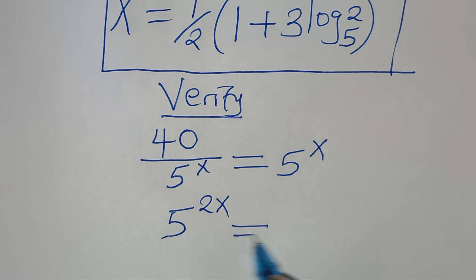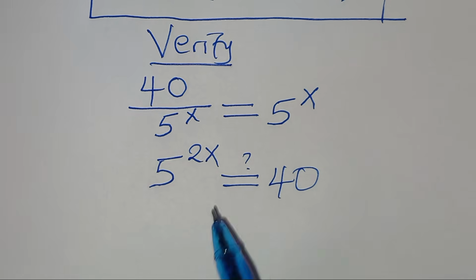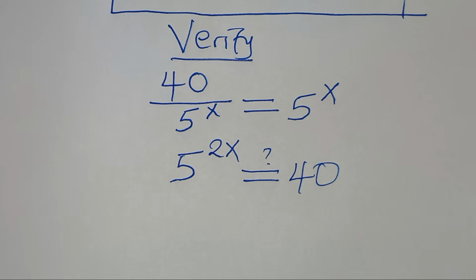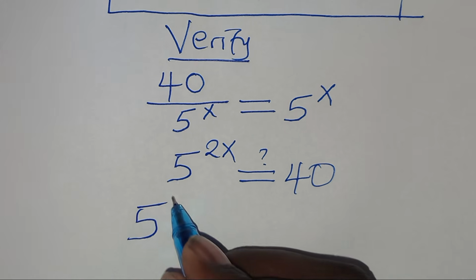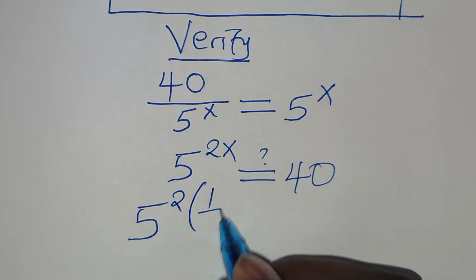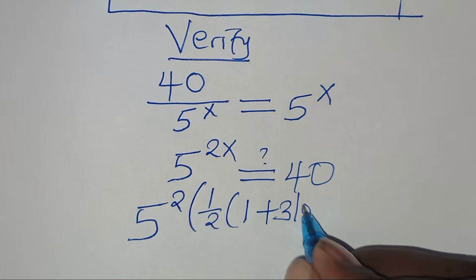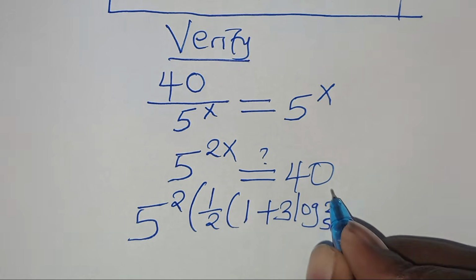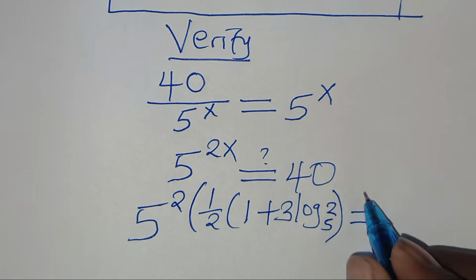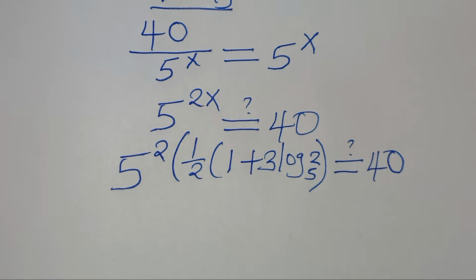This should give us a value of 40. Now let's substitute the value of x, so that we have 5 to the power of 2 multiplied by x. In this, x is half into the parentheses 1 plus 3 log 2 to base 5. This should give us a value of 40.